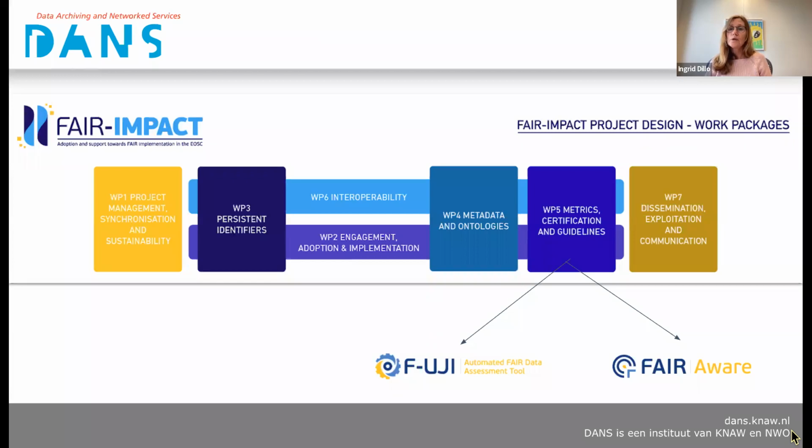But also we are going to dive into the possibility of creating more domain-specific tools. And what we will also do is continue working on FAIRware, because that also is a tool that is quite appreciated and can still be improved and expanded. So that is just one tiny bit of the project.